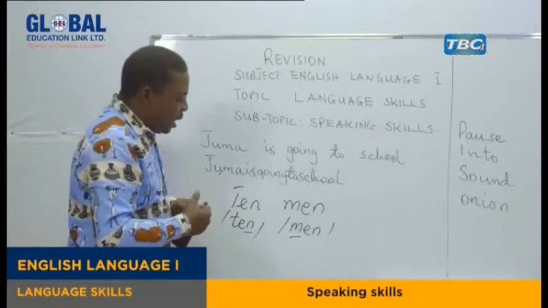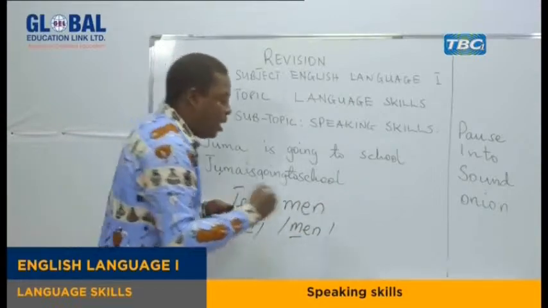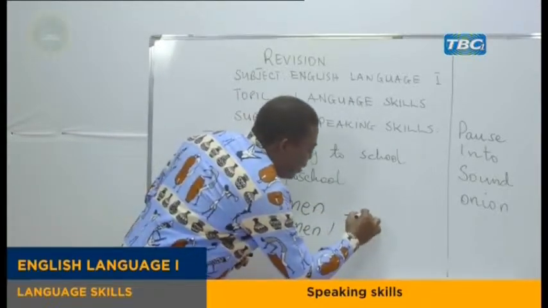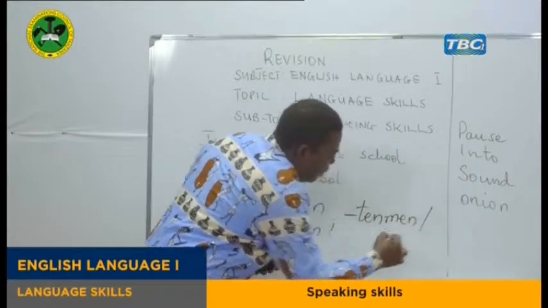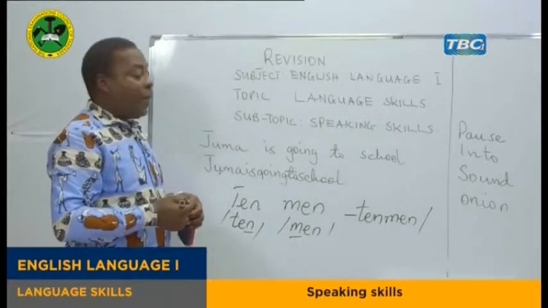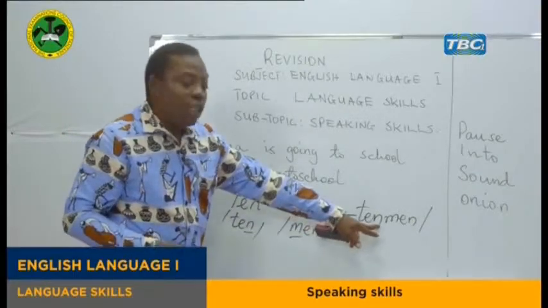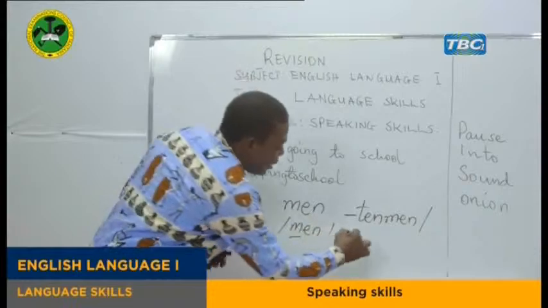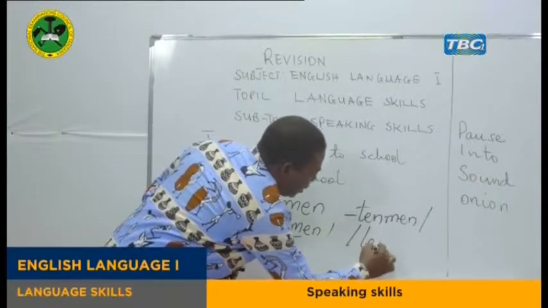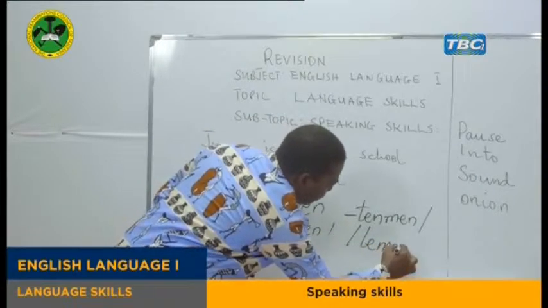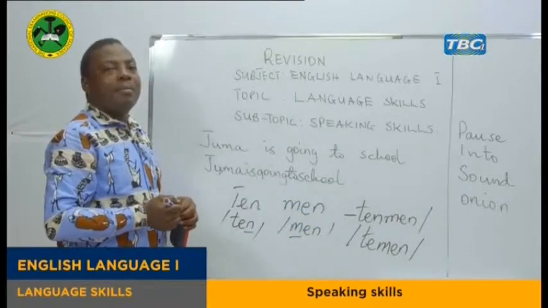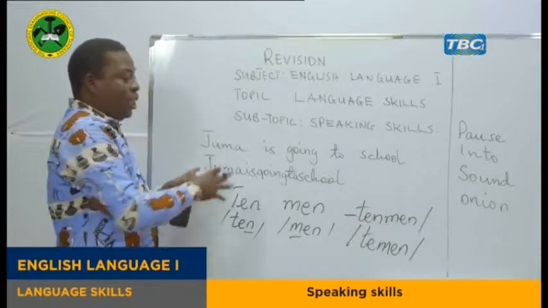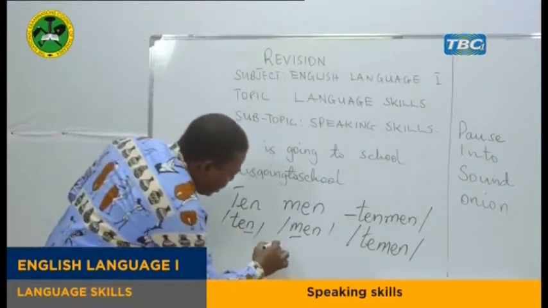So when we speak the two words in connection, then you'll find someone would speak something like this, and in that case, you'll find this one is not heard. And as a result, you'll find someone say something like "temen". Temen. So this is what we call assimilation.